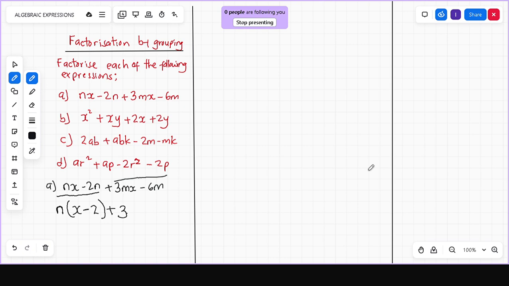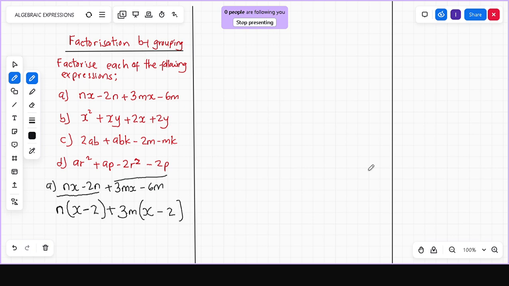So take 3m outside the bracket and open the bracket. When you take 3m out of the bracket, in the third term you're going to have x remaining, then minus. Now 6m divided by 3m, we're going to be left with 2.